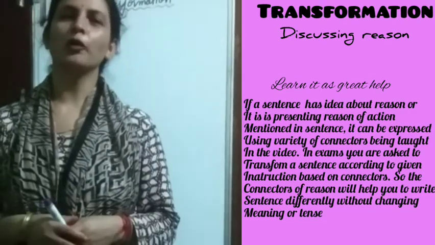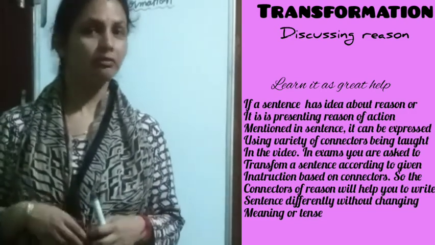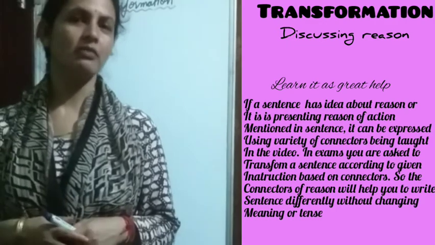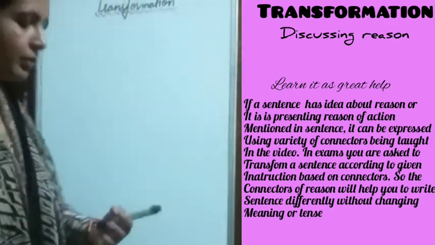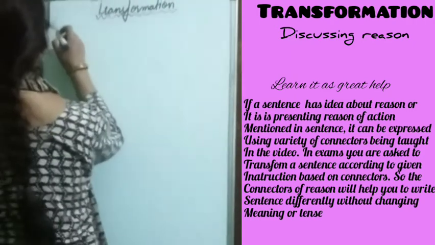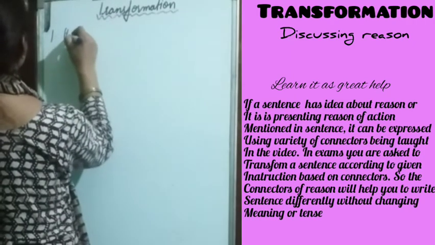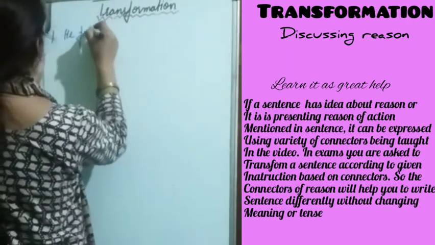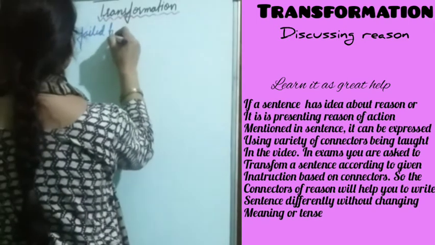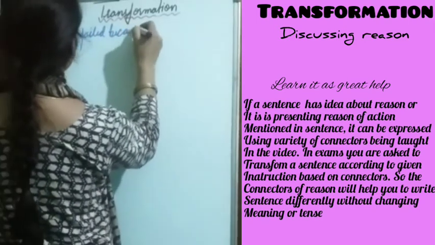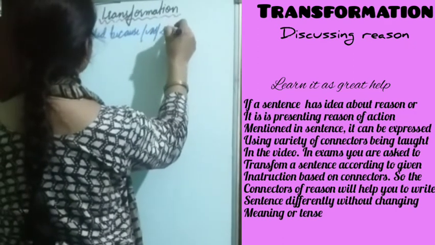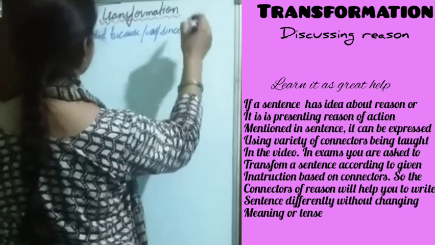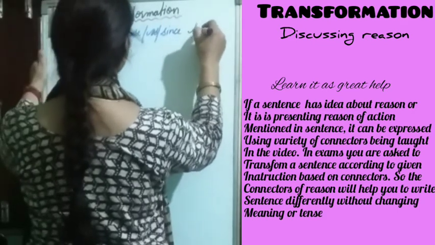Yes children, we are going to discuss transformation which expresses the idea of reason. Now let us understand this with the help of examples. First sentence: He failed because, and we can use one more connector for the same, that is as, and one more connector, that is since.